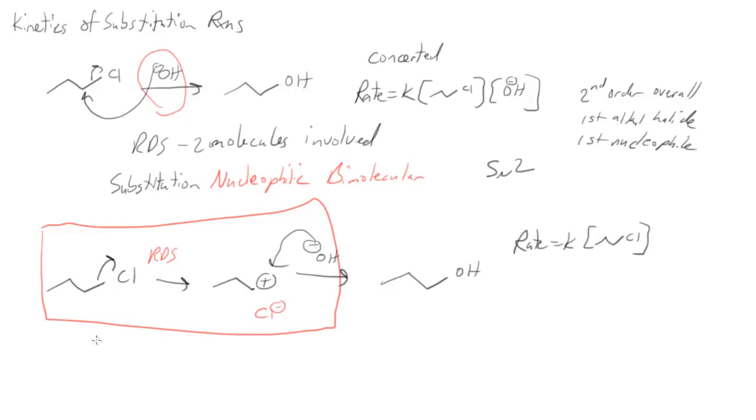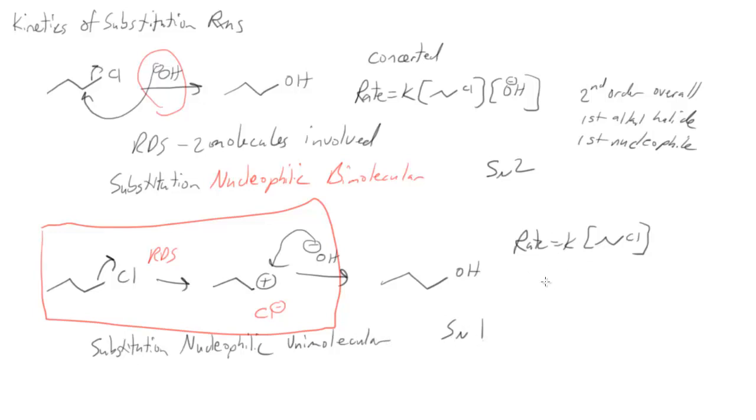So if I look at this one, it's a substitution. And it's also being substituted by a nucleophile. But the rate determining step only has one molecule involved, so it would be unimolecular, or abbreviated SN1.